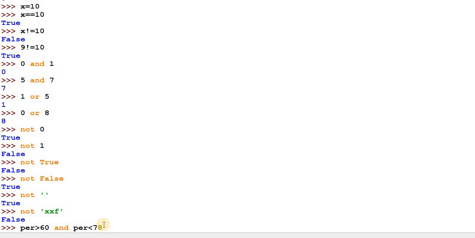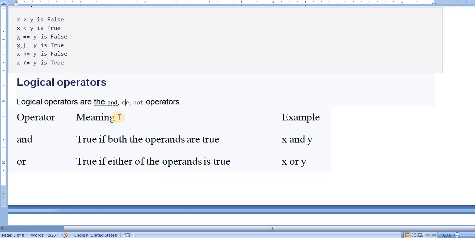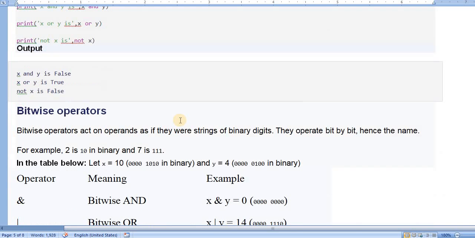Okay, and when you want to check either condition, we can use the OR operator, and when you want to negate the result of an expression, we can use the NOT operator. Okay, so this is the use of logical operators.